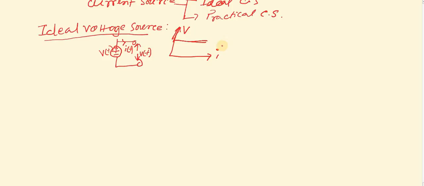But in actual practice, this is not the case. That means this voltage Vt does not remain constant at this terminal whenever current flows through it. So here comes the real or practical voltage source.